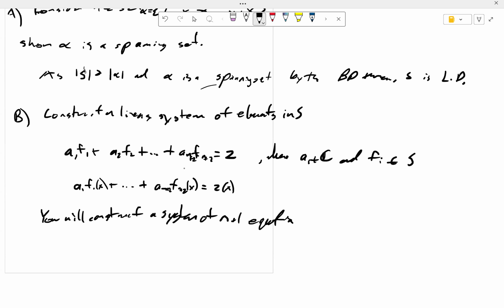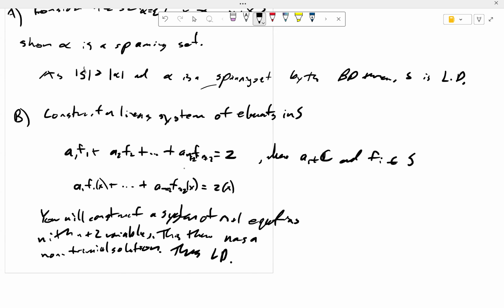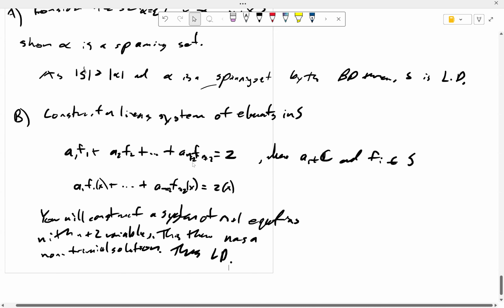So you'll create a system of n plus 1 equations with n plus 2 variables. This then has a non-trivial solution. Thus, linearly dependent. So you can either create a homogeneous system of equations that forces a non-trivial solution, or you can create a spanning set and use the dimension bound theorem.